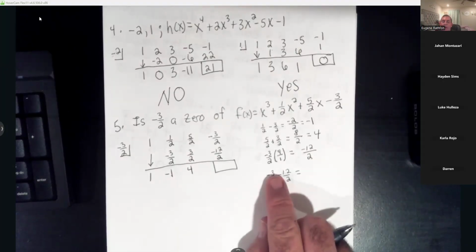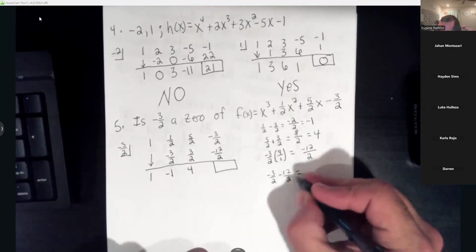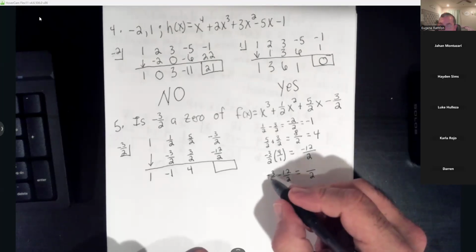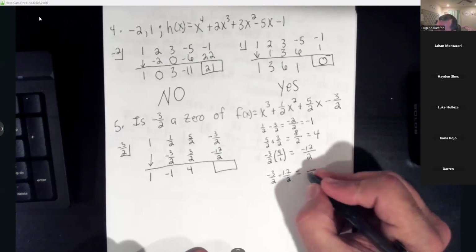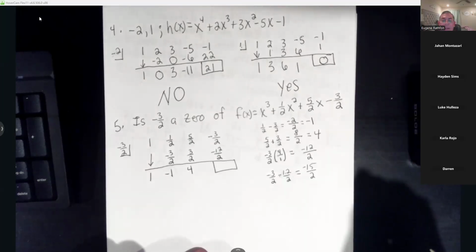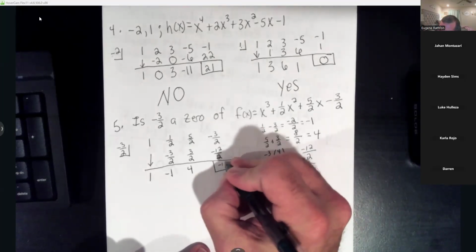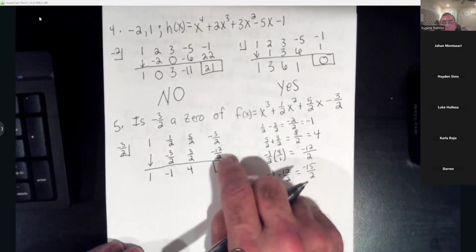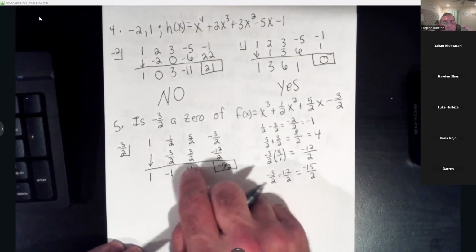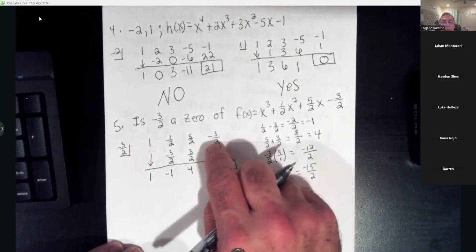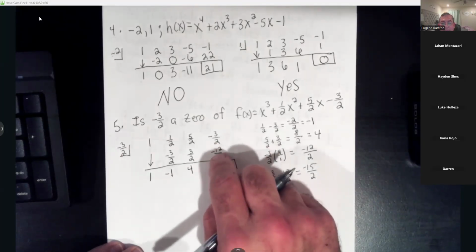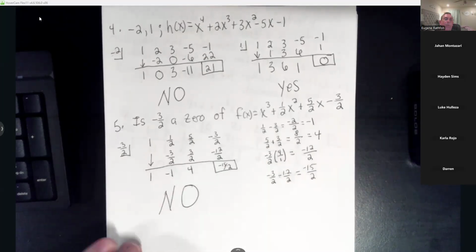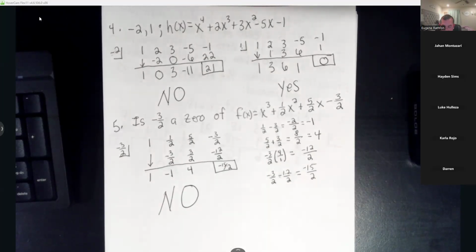Well, y'all, no matter what, there's no way this is going to equal 0. So let's see, the bottom is 2. Negative 3 minus 12 would give me something like a negative 15. So that's not a 0 anyway. The only way I'd have got a 0 is if this last thing being multiplied gave me a positive 3/2 there, okay? So y'all, this one for me was a big no.